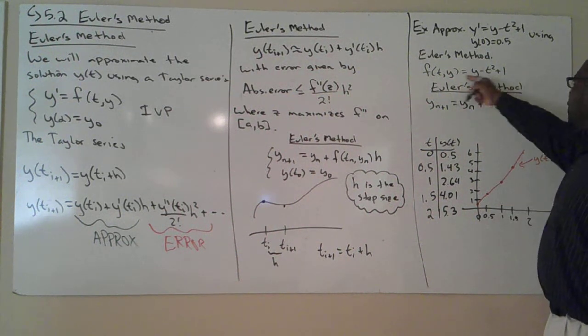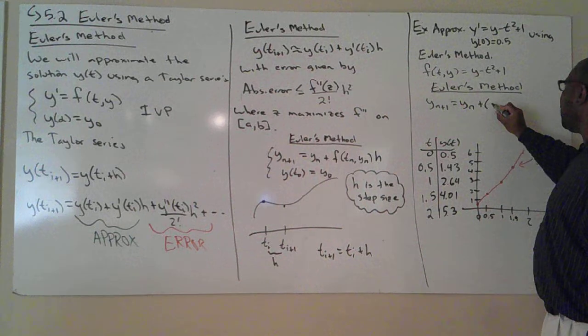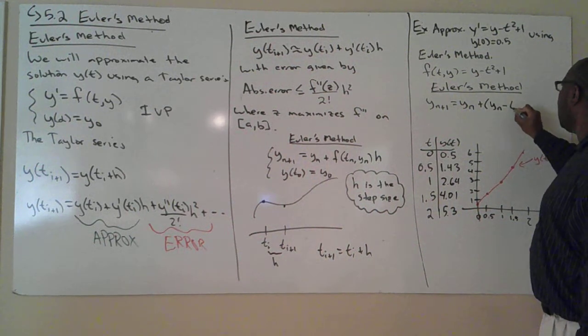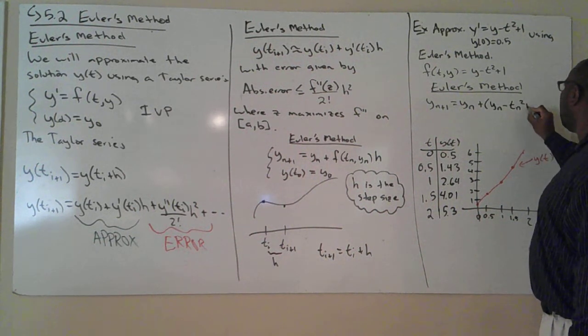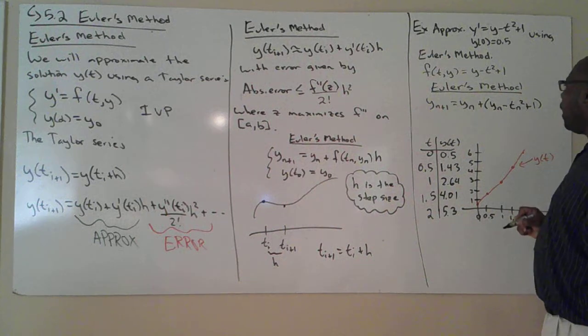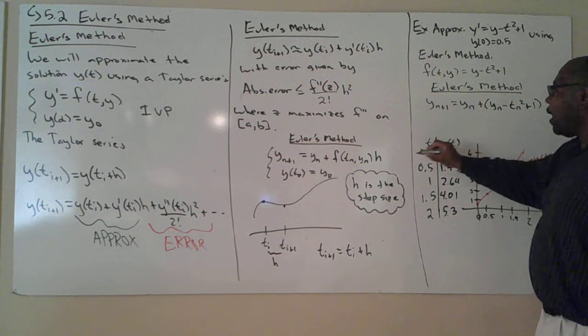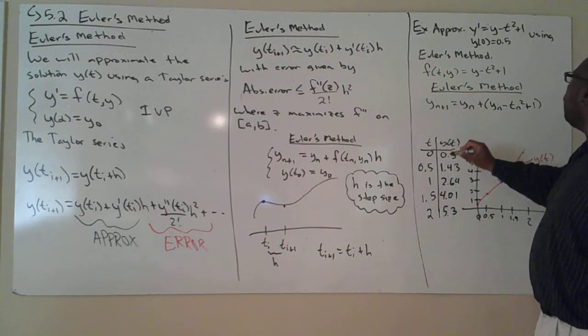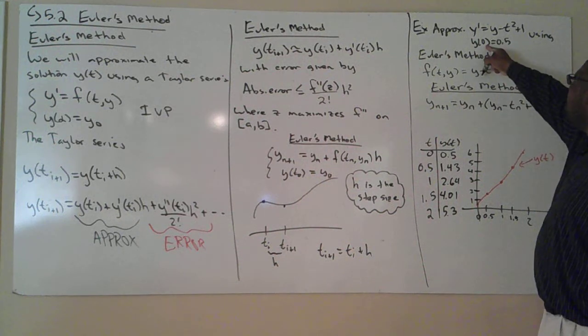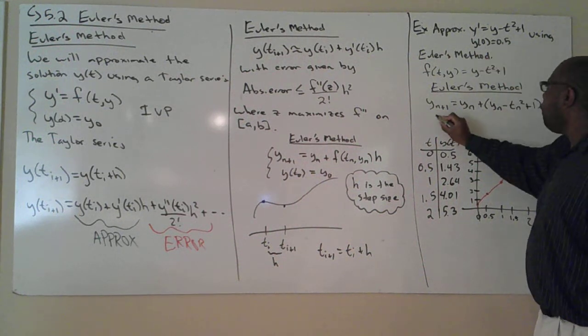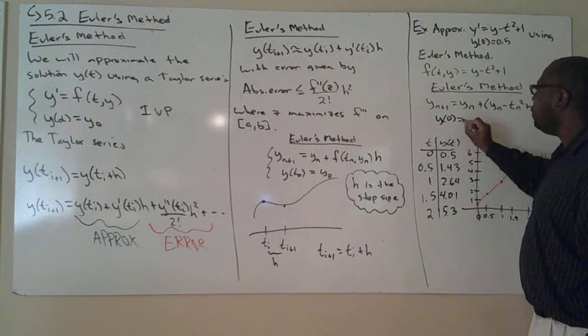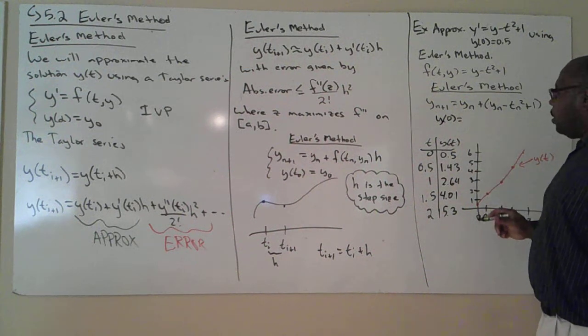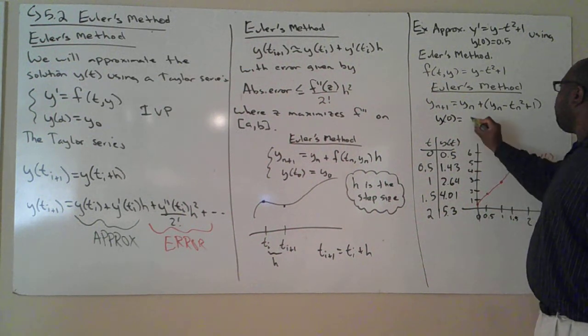My f is this guy right here, so I'm going to have the quantity y sub n minus t sub n squared plus 1. And then lastly, we have the initial condition: t sub 0 is 0, so y of 0 is equal to y naught, which is 0.5 here.